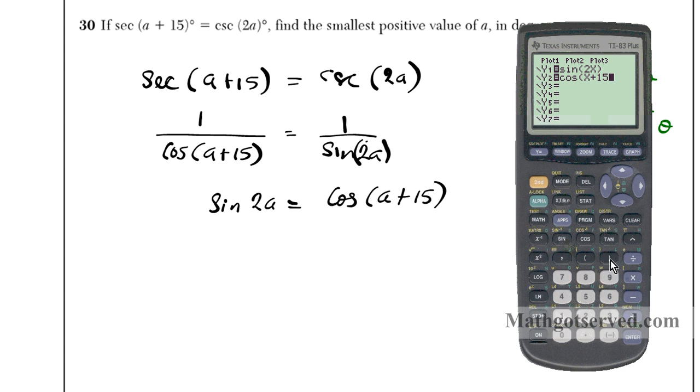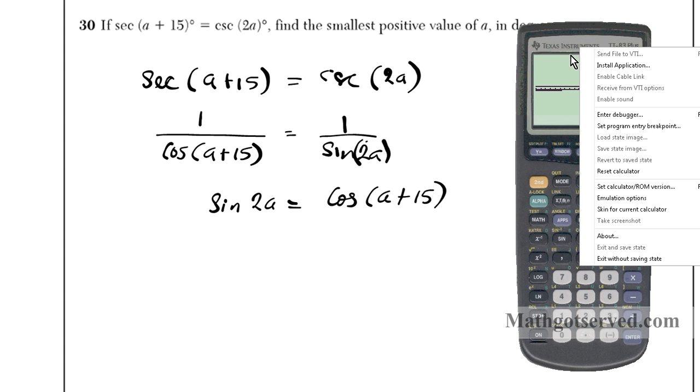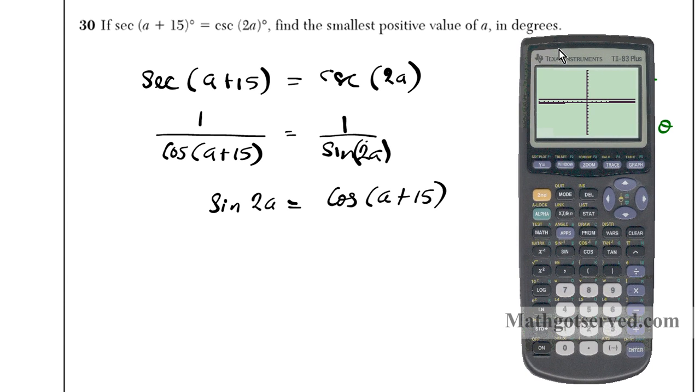Enter, graph. All right, so there goes the graph. It makes no sense, looks terrible. But if we zoom into the trig window, then the graph will look much better, like something we can use.